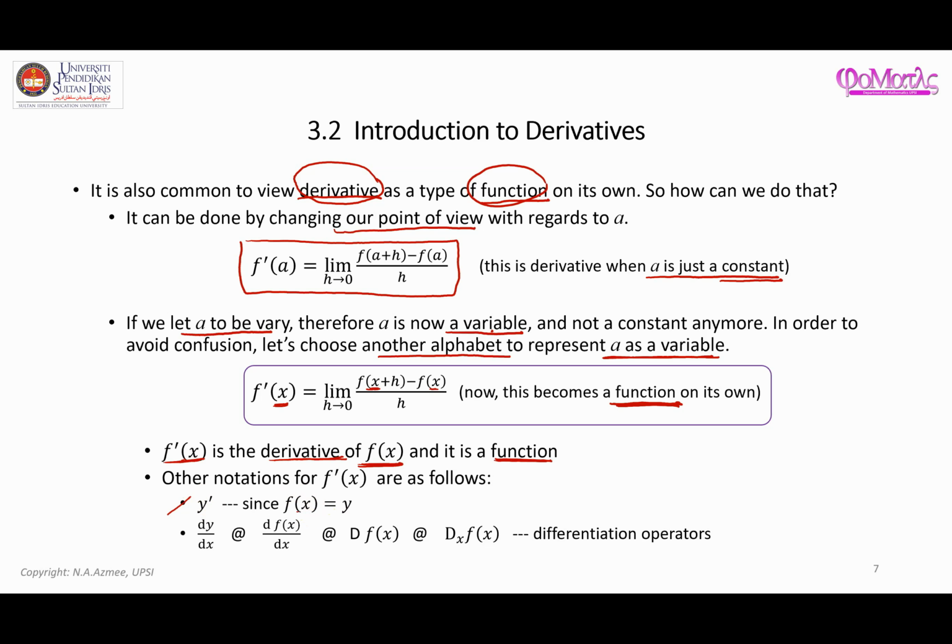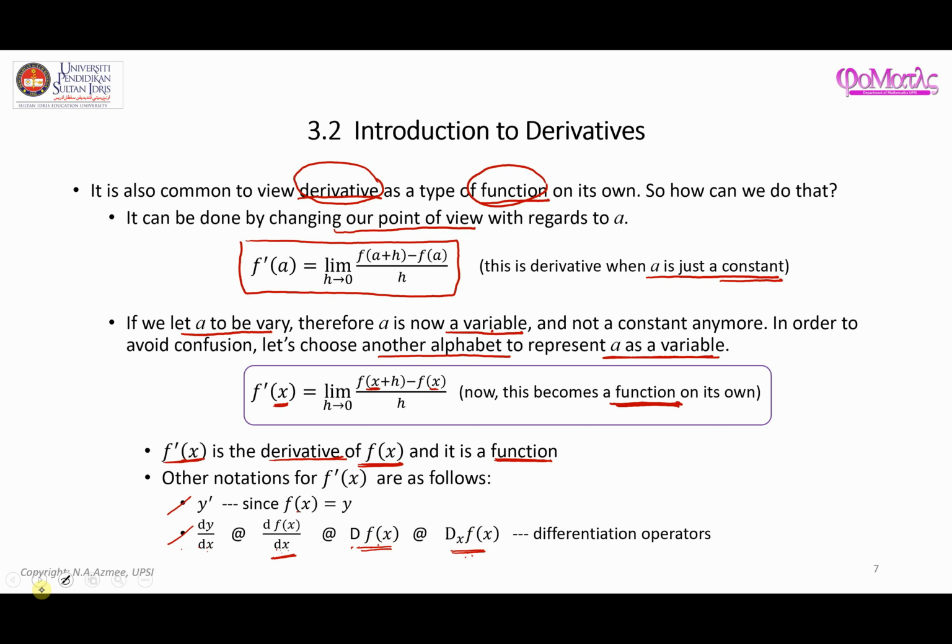Another notation is dy dx. These two are quite common, and I use them quite often myself. However, the other two given here I seldom use, but you might find these notations used in some standard textbooks. So it is good if you are familiar with these notations as well.